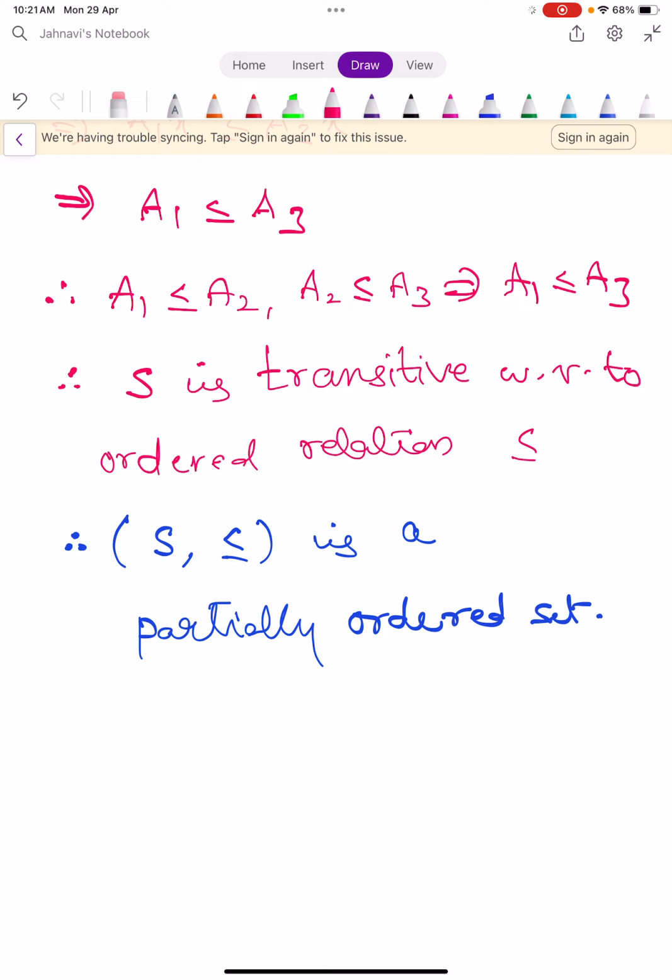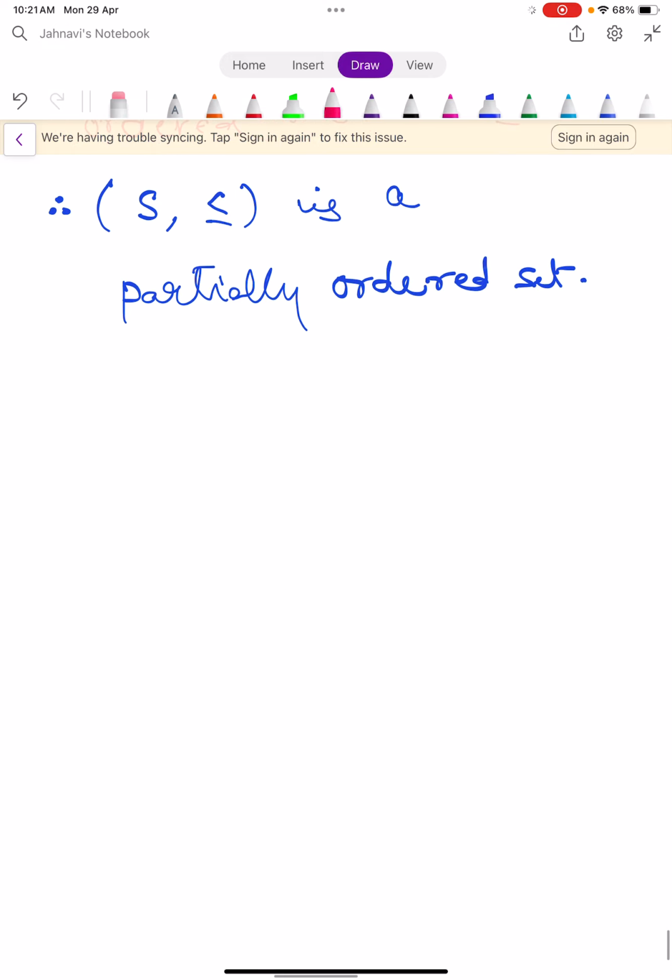Next we have to show the fourth condition: if a1 less than or equals to a2, then obviously a1 plus a less than or equals to a2 plus a for every a.